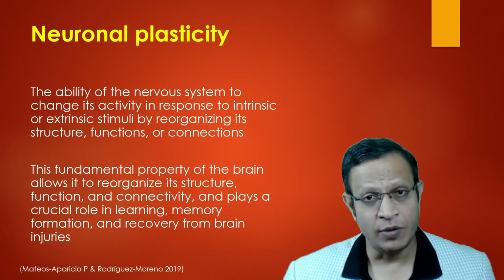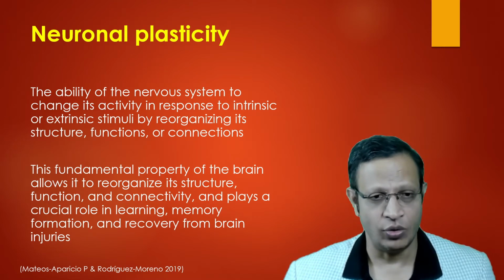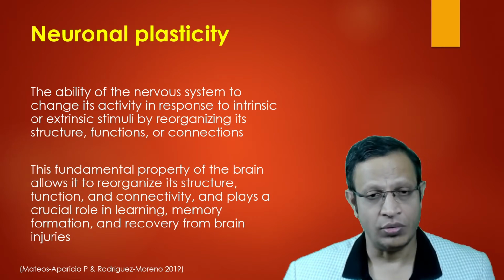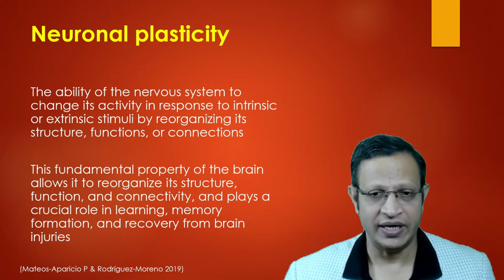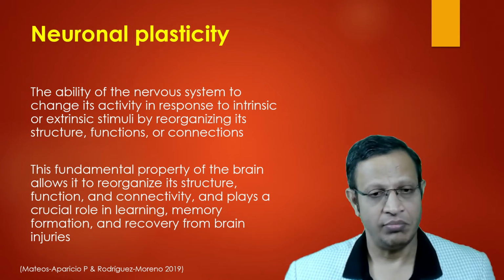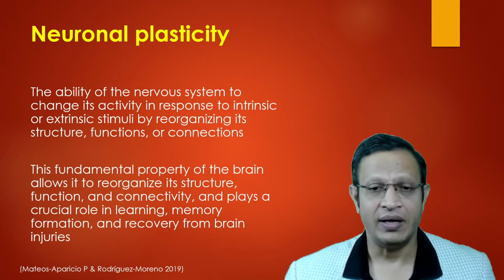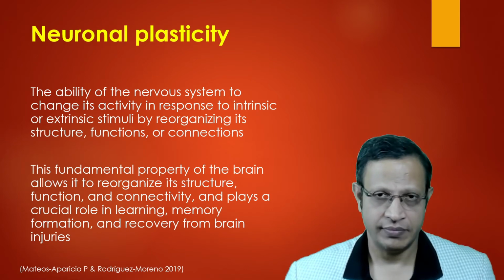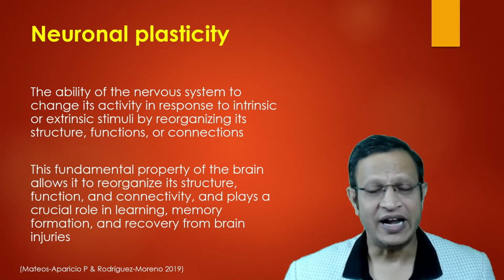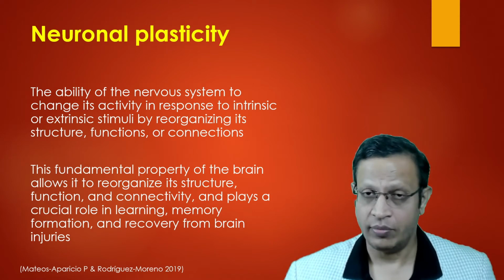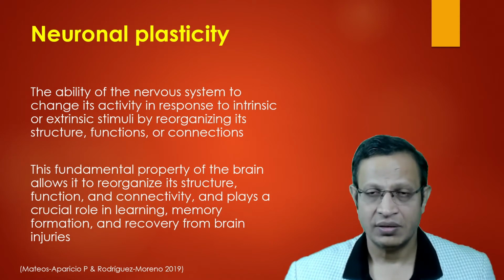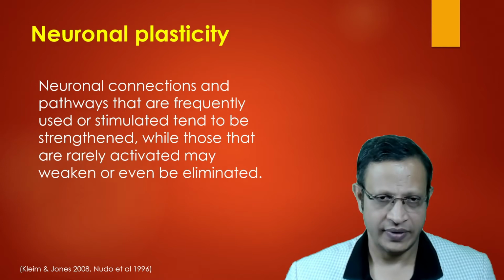This is a fundamental property of the brain, that is basically the neuron, allowing it to reorganize its structure, function, and connectivity, and it plays a crucial role in learning, memory formation, and recovery from brain injury. So, my dear friends, that means neurons do regrow and form new connections in our brain.